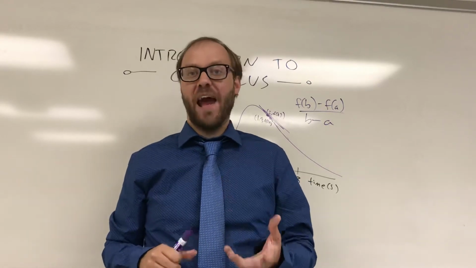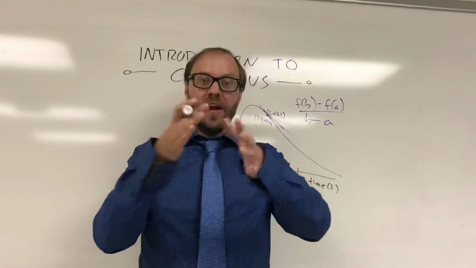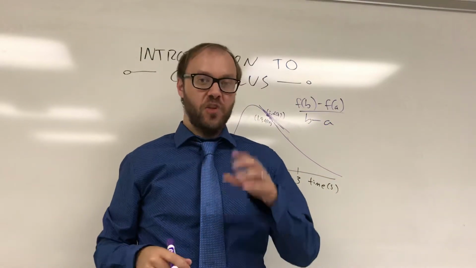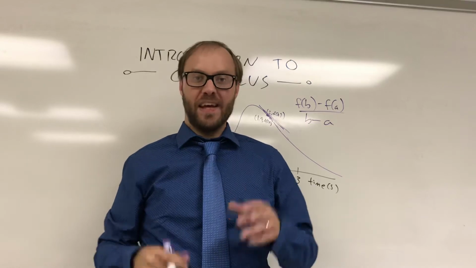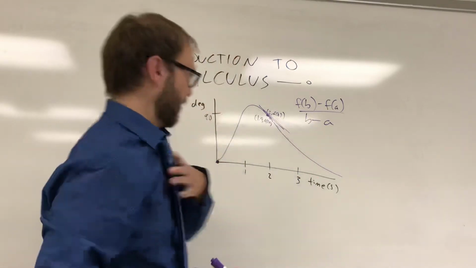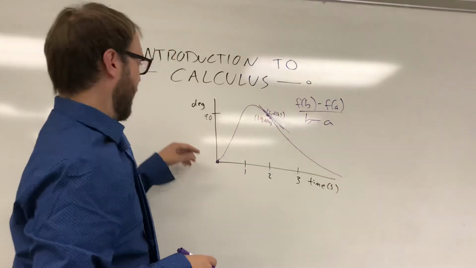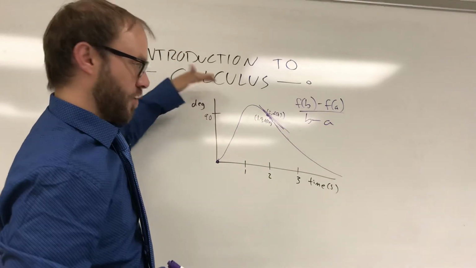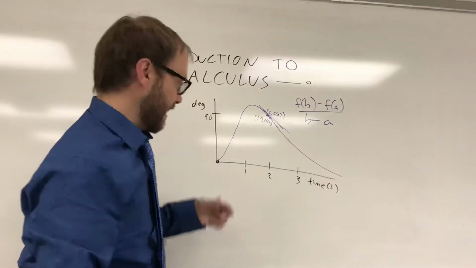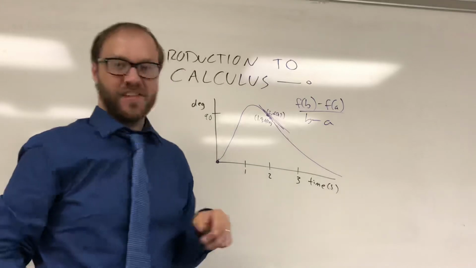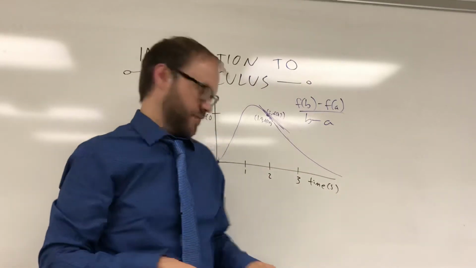Also, if you're making a graph, pay attention to what kind of information is on the x-axis and what kind is on the y-axis. You may need to adjust your window a little bit to get everything in your graph to fit correctly. So for example, in my door opening one, if I had the equation, which I don't, I probably would have had the y-axis go to maybe like 120. The x-axis, probably at least 3, but maybe going out to like 5, 6, 7, however long you think it took for the door to shut.